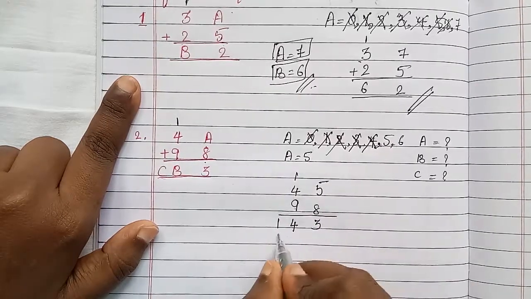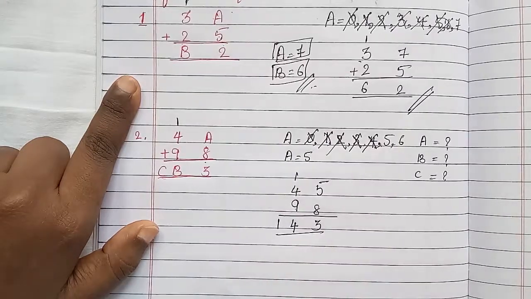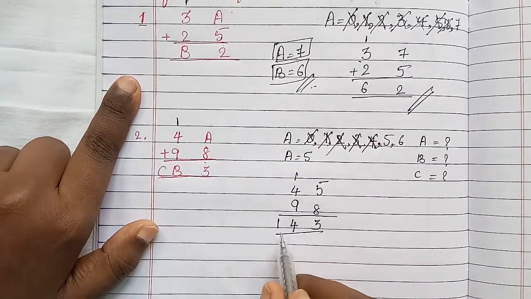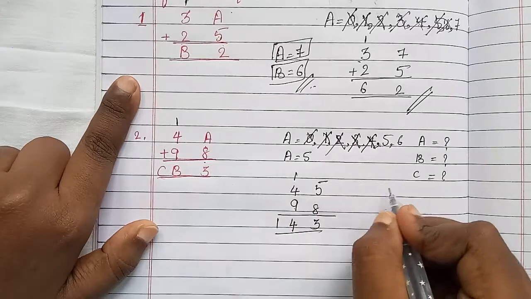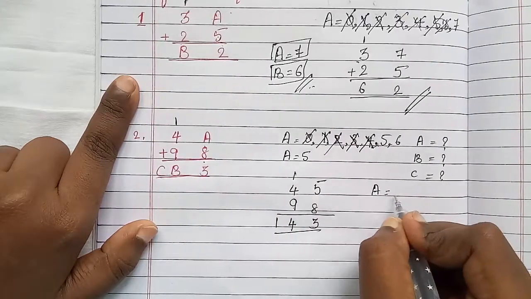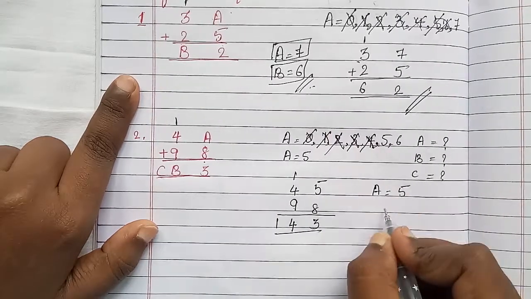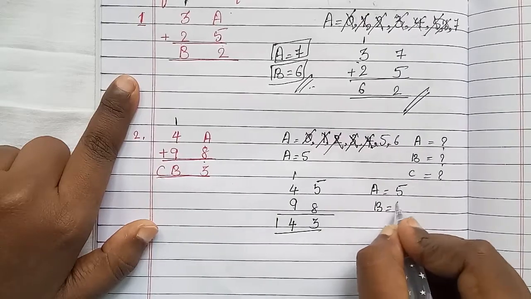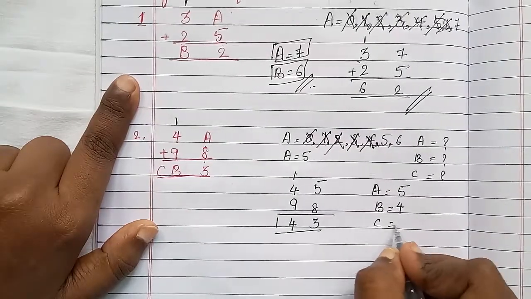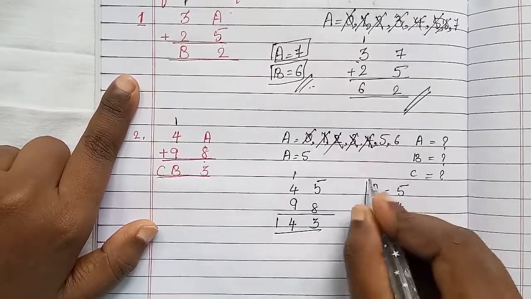Carry 1. So 1, 4, 3. See, the value of a is equal to 5. b is equal to 4. c is equal to 1.